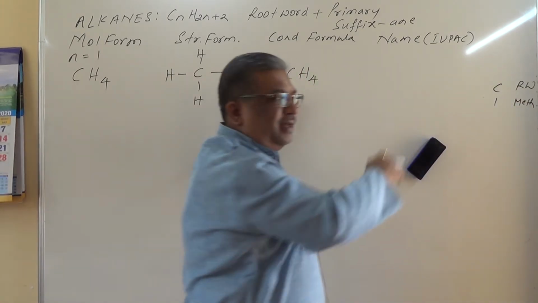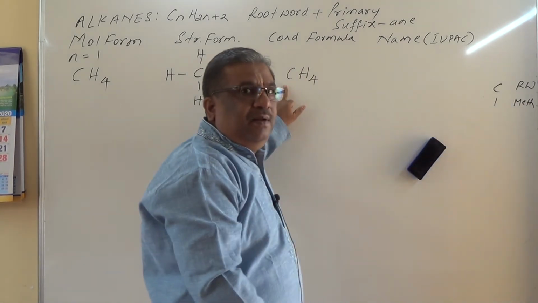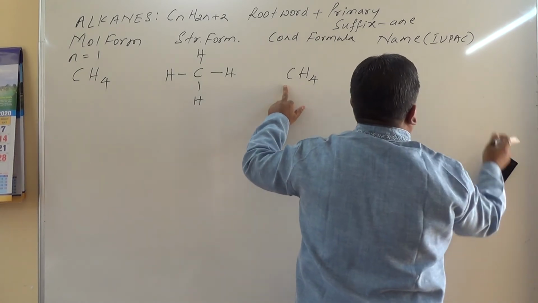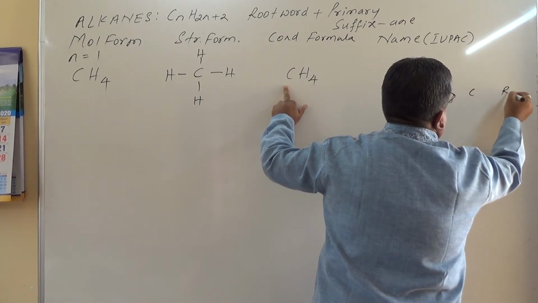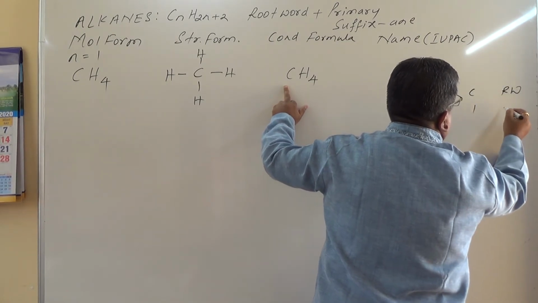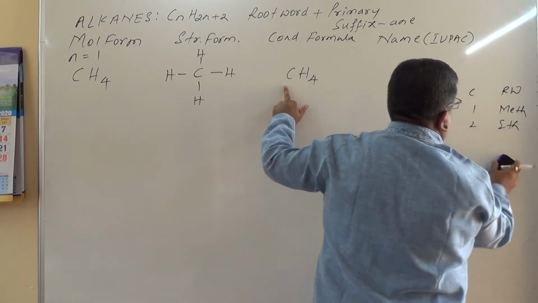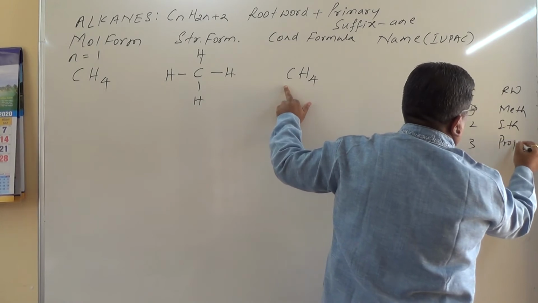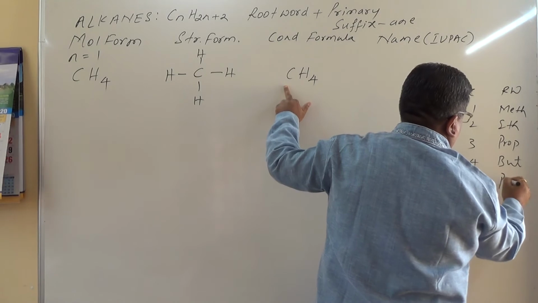Is it visible there? So here I'll write number of carbon atoms and root word. 1 meth, 2 eth, 3 prop, 4 but, 5 pent.